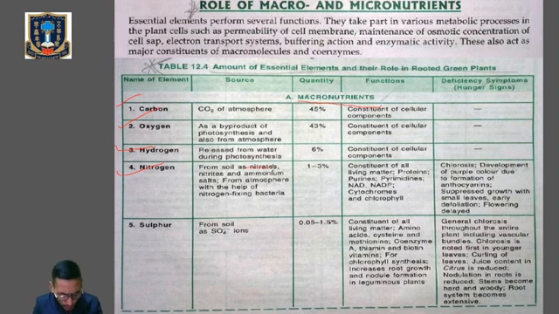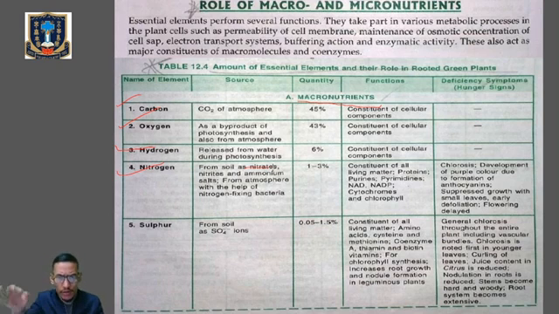Clear? So it is often in the form of nitrate ion or nitrite, or in the form of ammonium ions or ammonium salt. From the atmosphere, nitrogen is absorbed with the help of nitrogen fixing bacteria like blue-green algae or cyanobacteria. The quantity of nitrogen is nearly 1 to 3%.